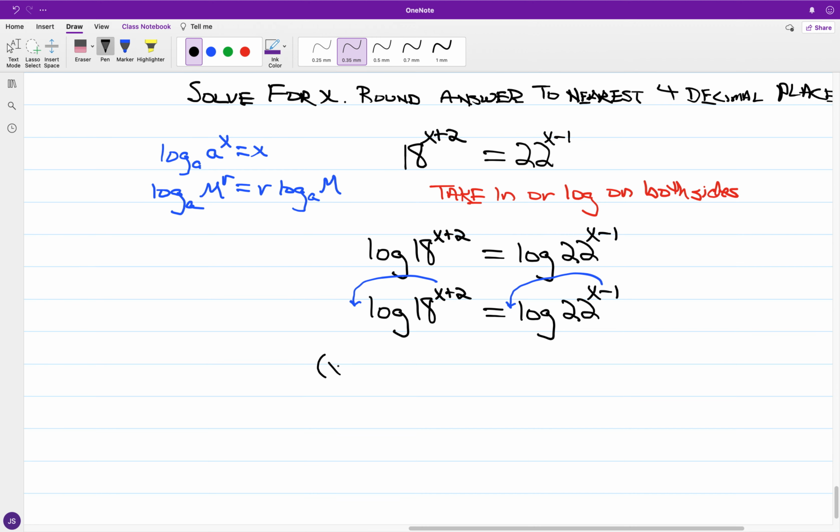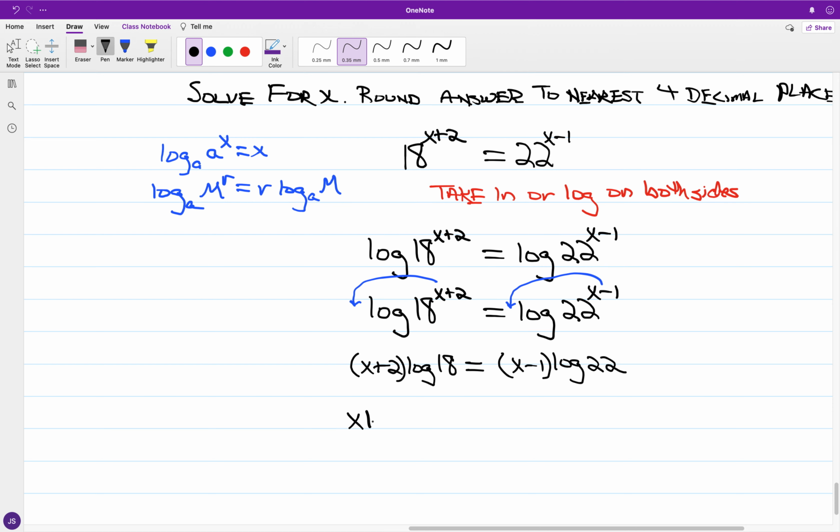And setting things up, we have the quantity of x plus 2 times the base 10 logarithm of 18 is going to be equal to x minus 1 times the base 10 logarithm of 22. I'm still solving for x, and I'm going to have a couple of x terms, so I'm going to go ahead and distribute.